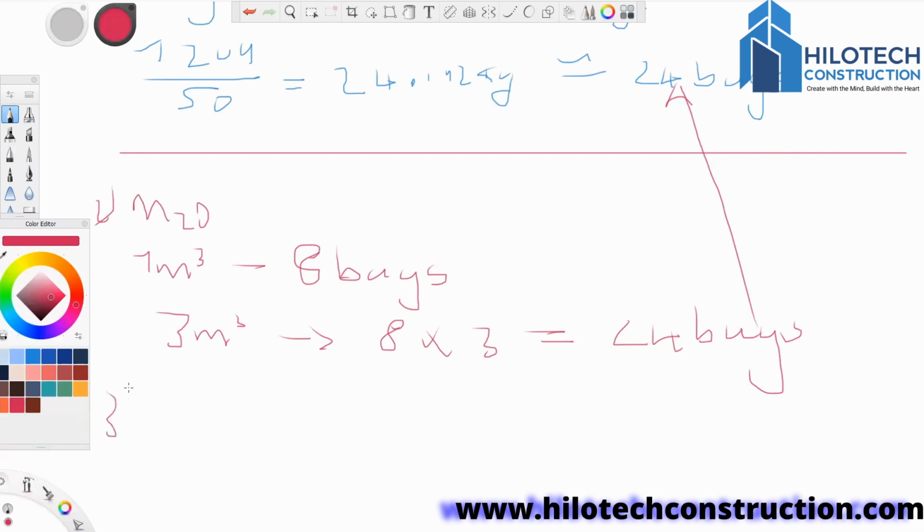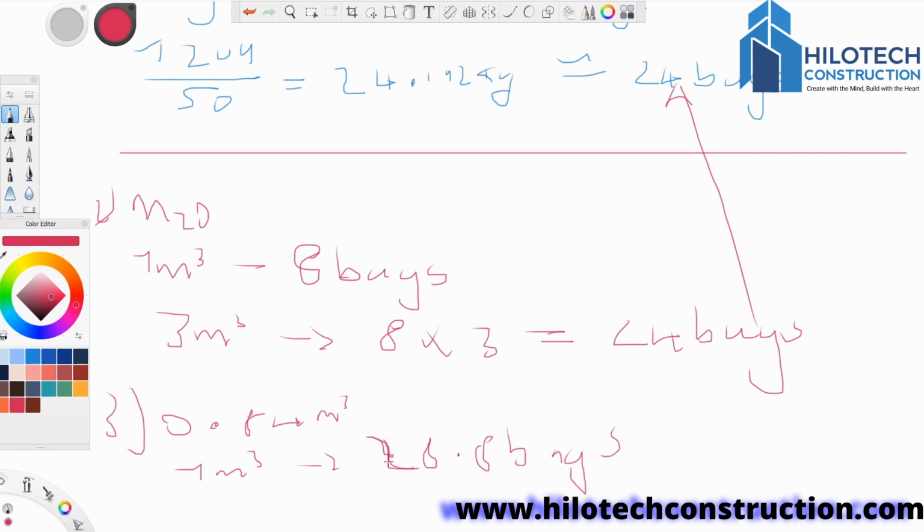And now for the third step, we go by the density value. Now we got the density value as 0.84 meters cube. And from calculations for M20, we know that in 1 meters cube, for the density values, we have 28.8 bags of cement.